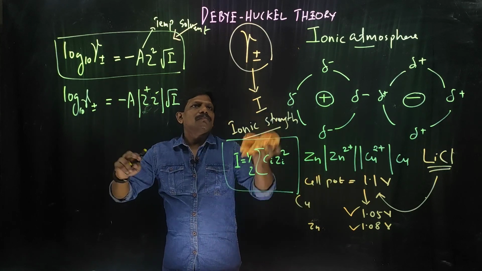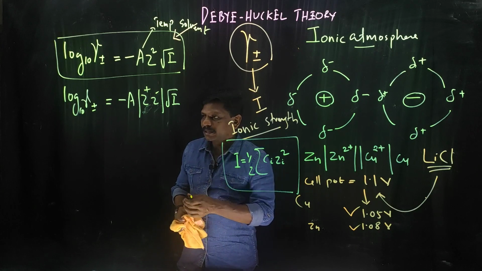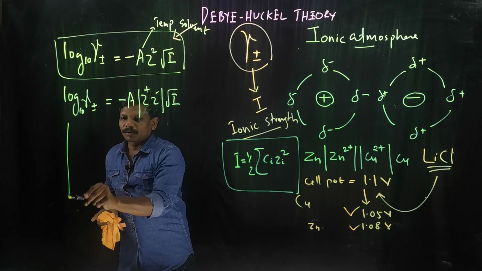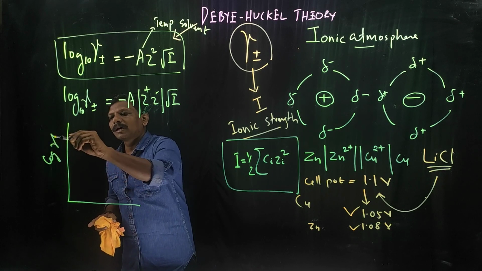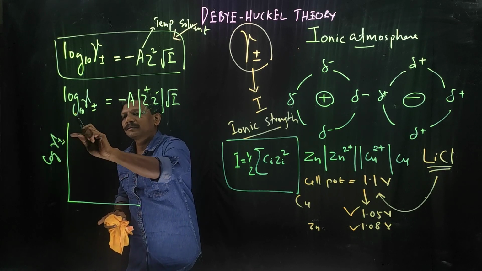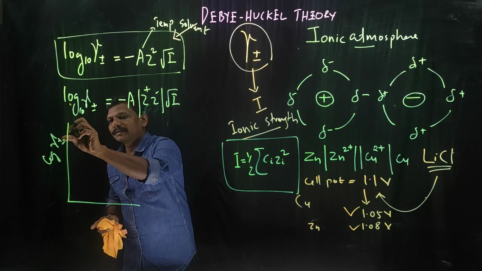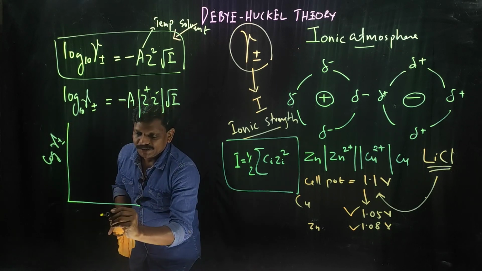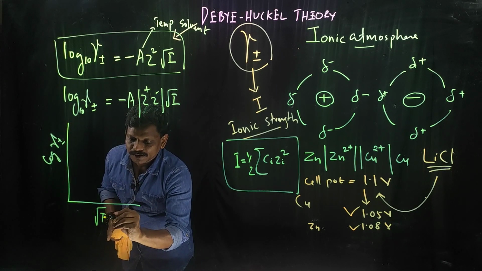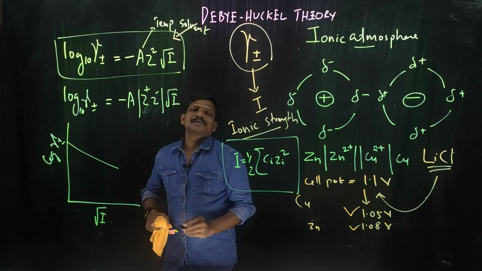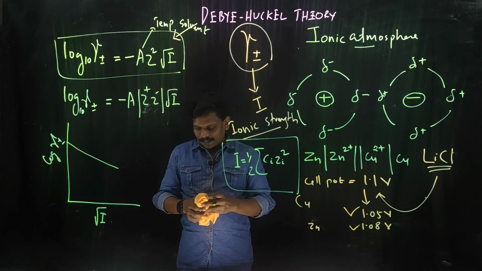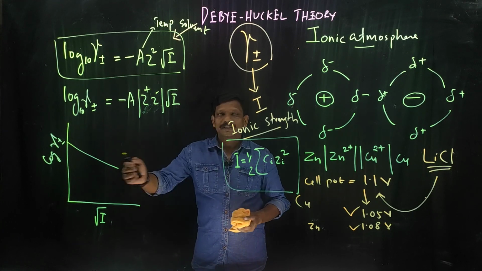Okay, so what is the peculiarity of this equation? Suppose you plot log gamma plus minus, that's mean activity coefficient, versus root I. It will be a straight line, because it's a straight line type equation.